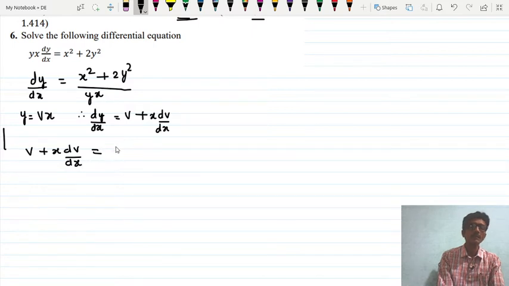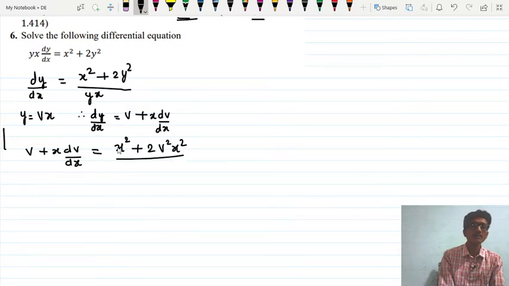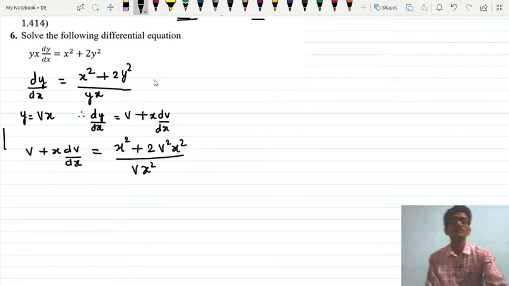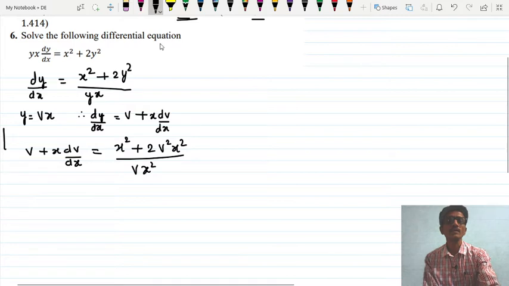Right hand side will be x square plus 2 times v square x square, denominator is y is equal to vx, vx and this x, it will be x square, so that this x square we can cancel.